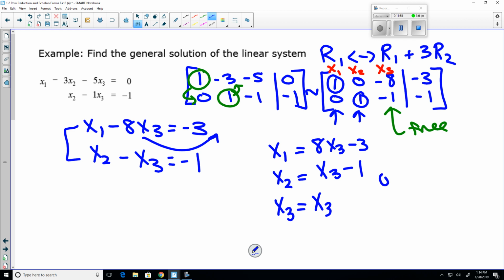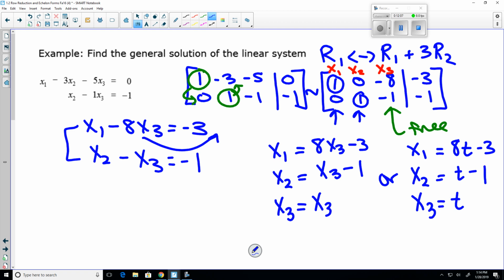And if you want to make it look prettier, I guess, you could say, well, I'm going to let x3 be the variable t. And then this would be 8t minus 3, and this would be t minus 1. Both of those are correct. Any letter, except x1 or x2.